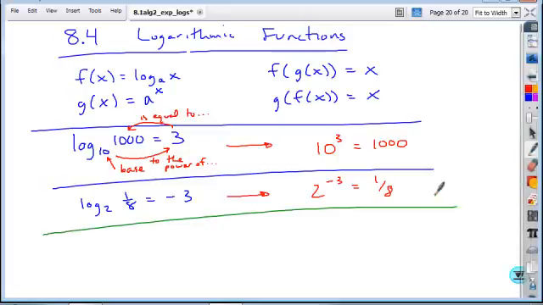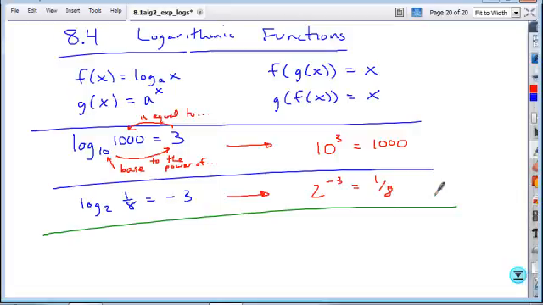You can move from exponential form into logarithmic form. So if I gave you the following form, 4 to the 0 power is equal to 1, which we know is true, what would be the logarithmic equation to relate this?